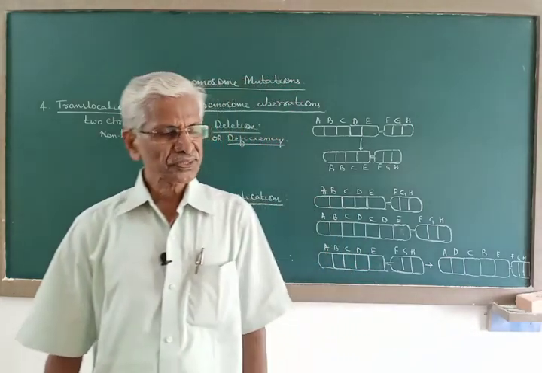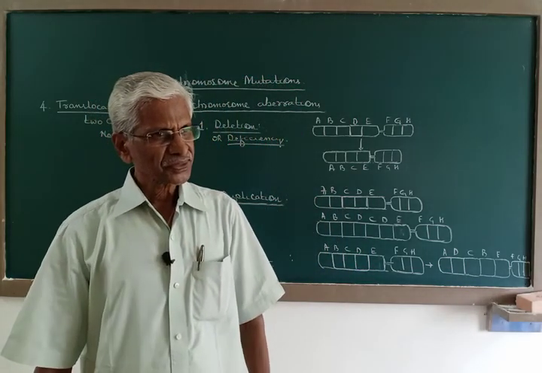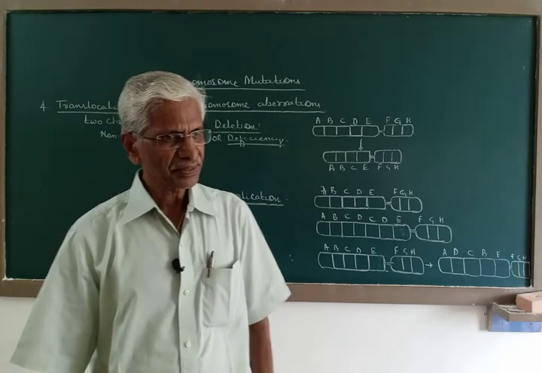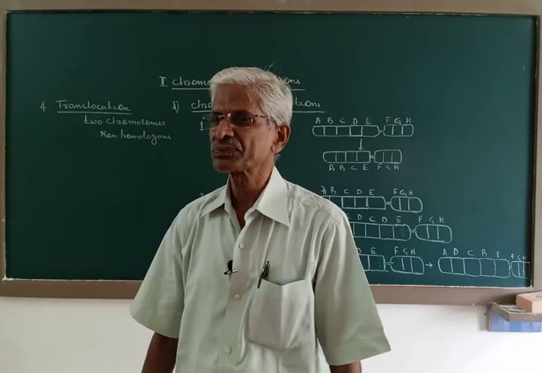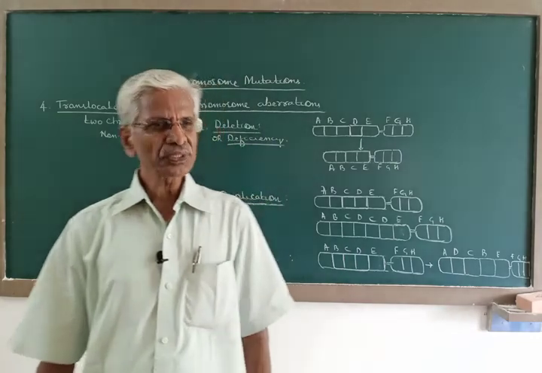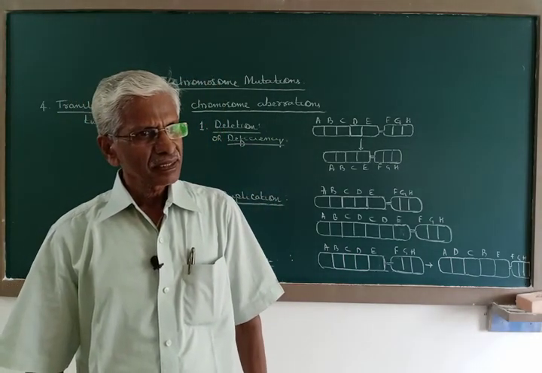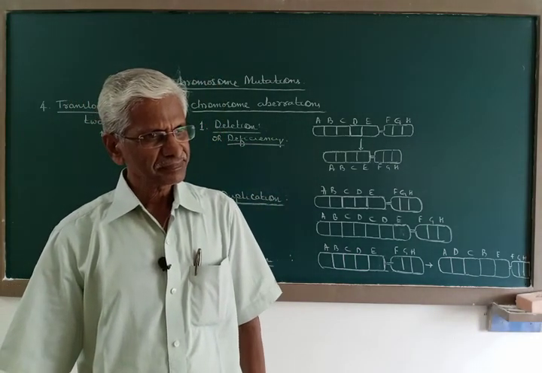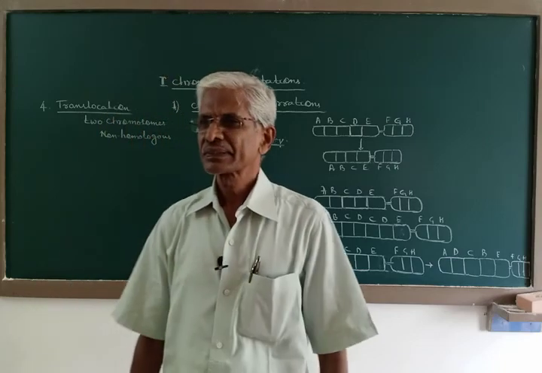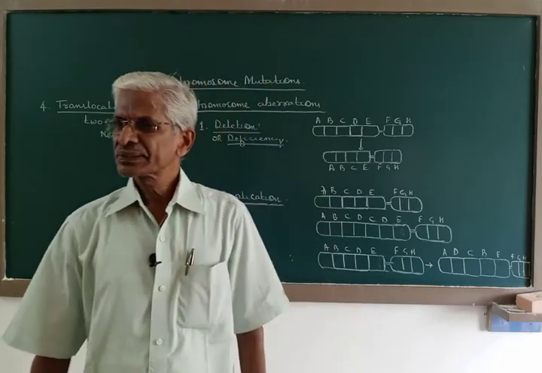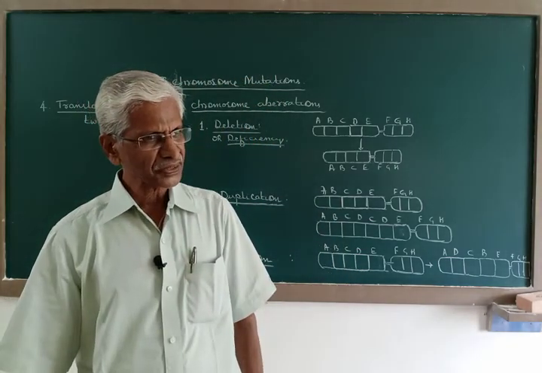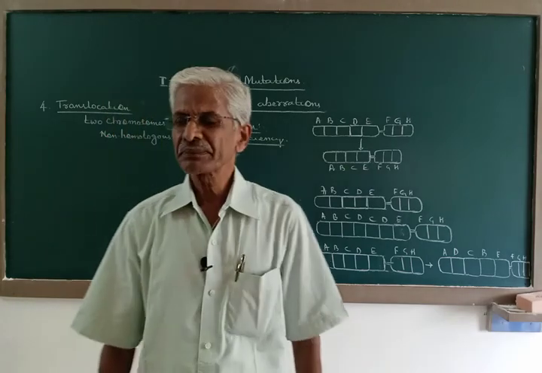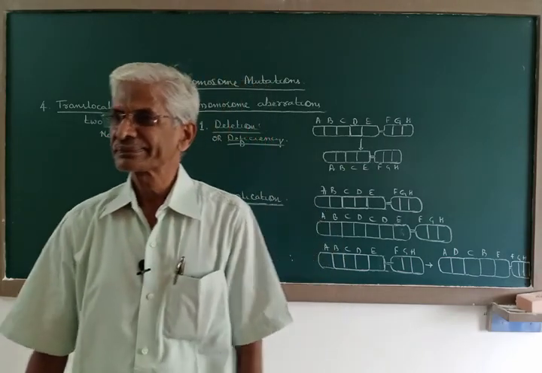So after such structural change in two non-homologous chromosomes, the donor, losing a segment, loses some of the genes from its linkage group, and it becomes shorter than the normal.